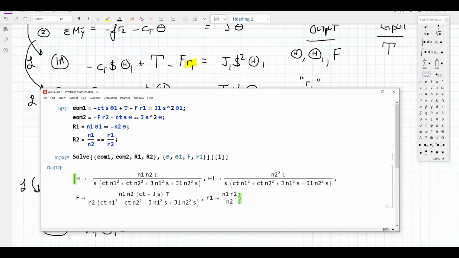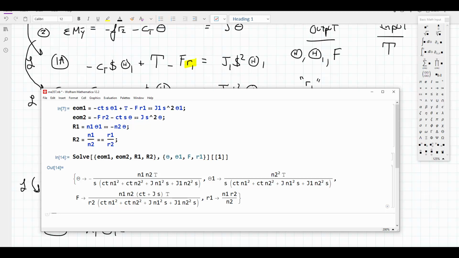Well, on the right-hand side, we have N1s and N2s, but for none of them do we have an R1 or an R2. If I replace this with R2 in this example, it solved it for R2 instead of R1, but still the right-hand sides have no R1s or R2s in them. So I'll just go back to R1. So 3 transfer functions that are usable, and then I have R1.